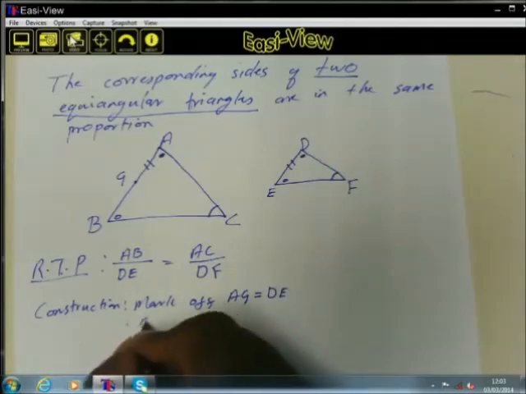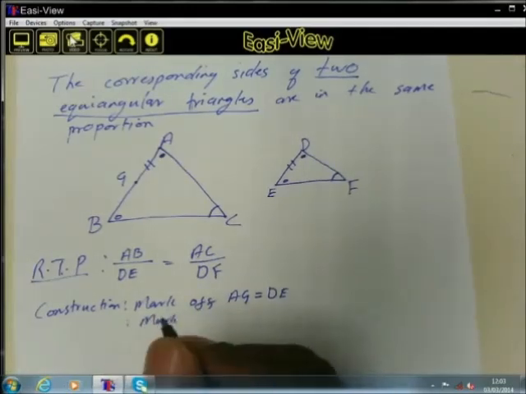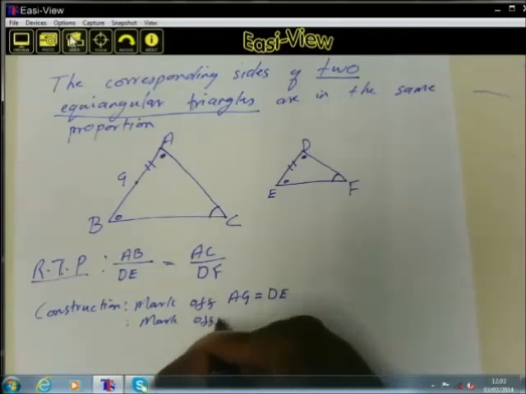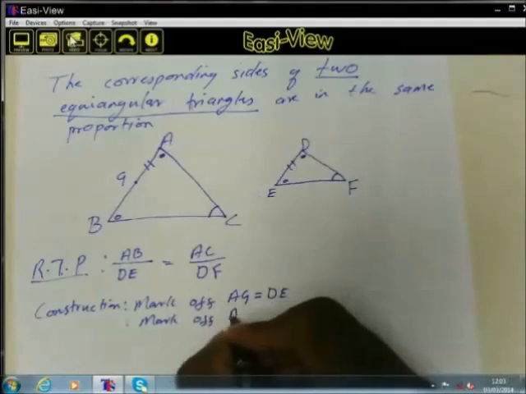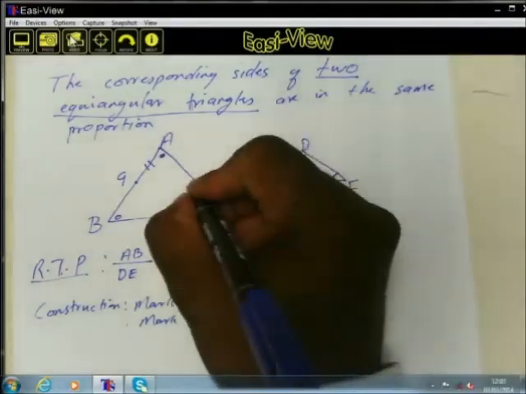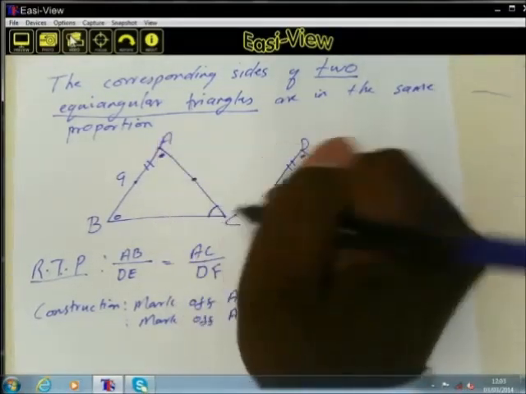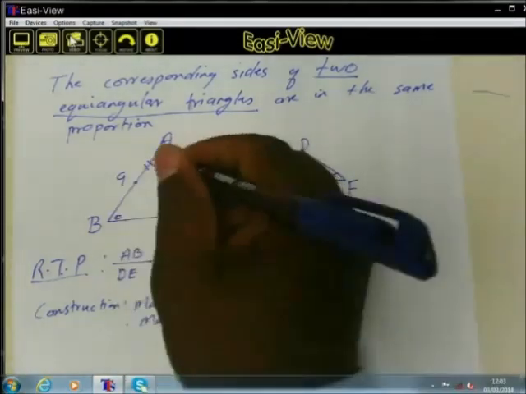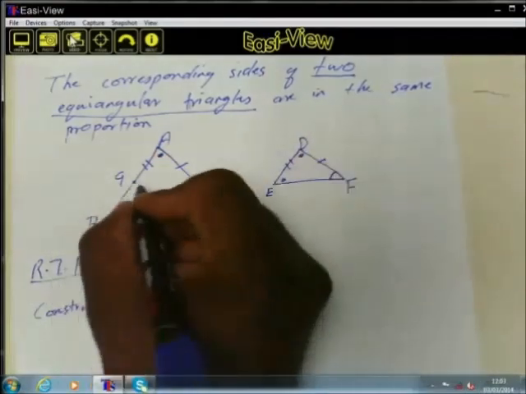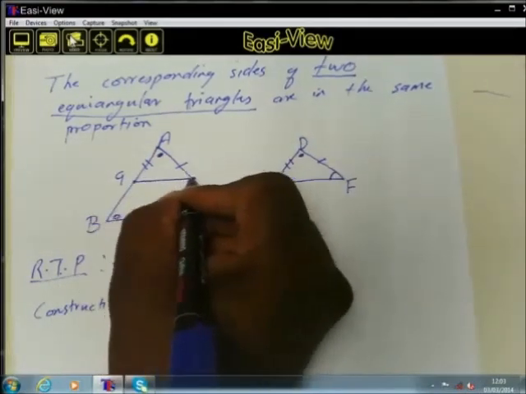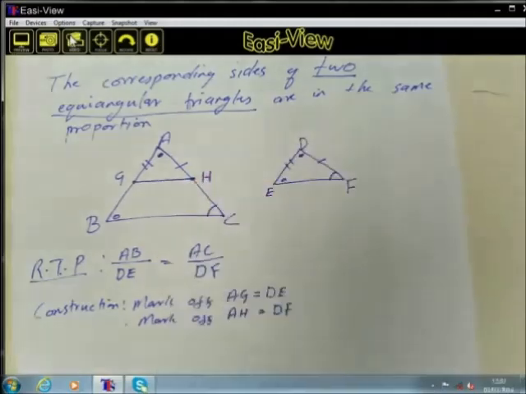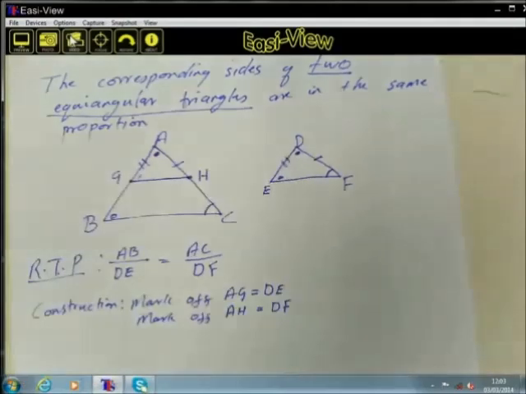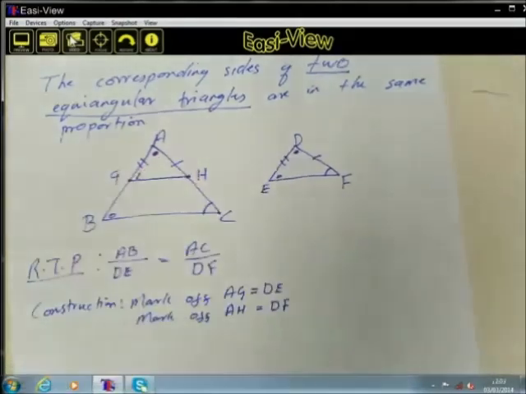Again, let's mark off AH such that H is on AC. Mark off AH to be equal to DF. This side is equal to this one. So we have that. This is H here. Let me call this angle B1. Angle G1.